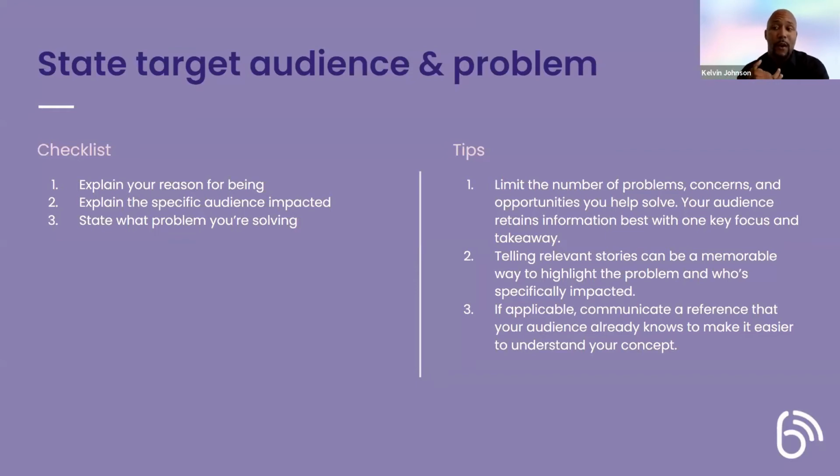Number two, who's the specific audience that's impacted? Even our tool Brevity can be applied to entrepreneurs, sales professionals, priests giving a sermon, right? But who's the actual specific audience that's being impacted? And then after this, we should have a clear understanding as to what problem you're solving.